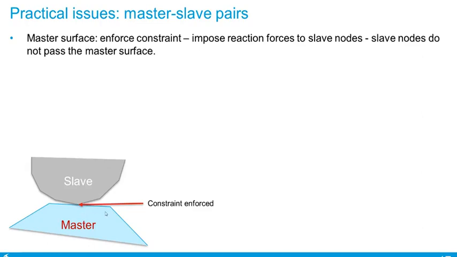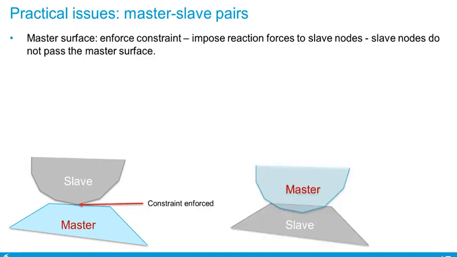Because of these different roles that the two bodies play, we could have a situation where the master nodes go into the slave body like this. This is because the reaction force is only coming from the master towards the nodes of the slave, and for the master nodes, for instance here, if this node is undetected by the slave node here, then it could very well go into the slave body.